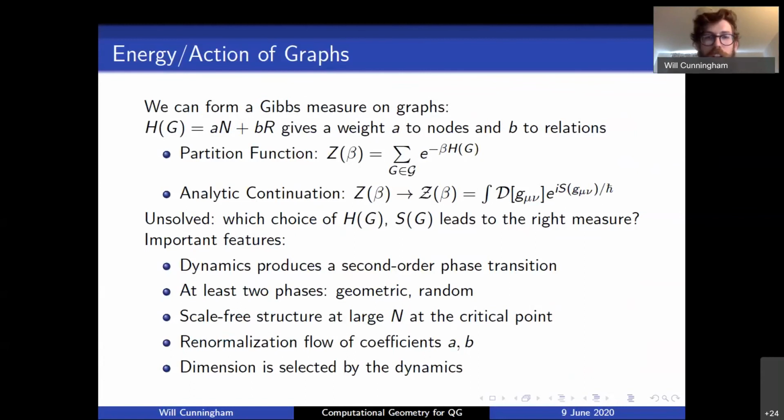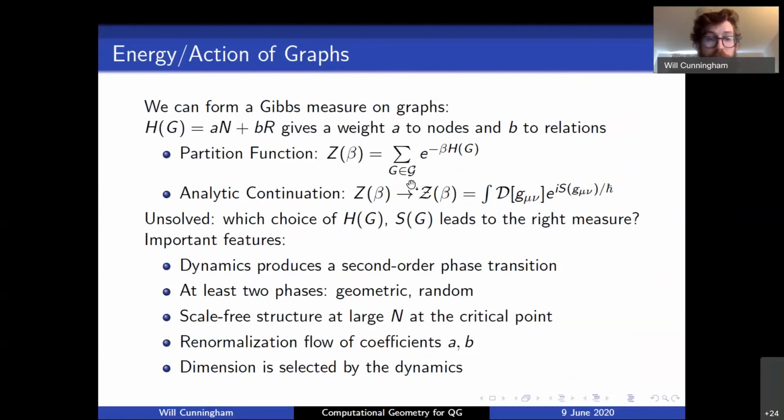In the Lorentzian case, we typically talk about the action of graphs, and this is just for historical reasons. But really, we're doing the same thing by looking at this partition function here, which is going to be a function of your temperature value. And then you're going to sum over all graphs in some ensemble and use this Boltzmann weight here.